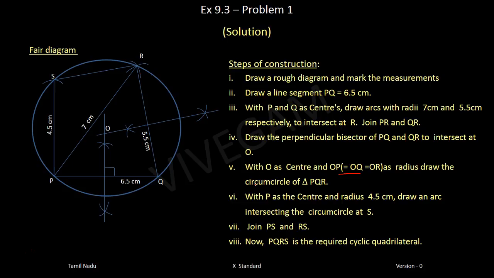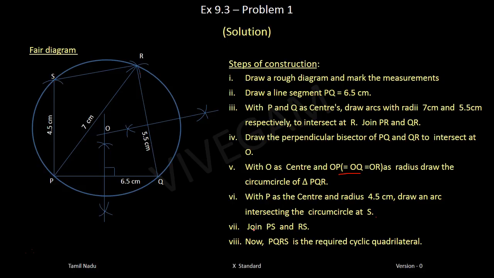Next, we know it's a cyclic quadrilateral. So with P as a center and radius of 4.5 centimeter, draw an arc intersecting the circumcircle at S, because the fourth point has to be on the circle. That point is S.